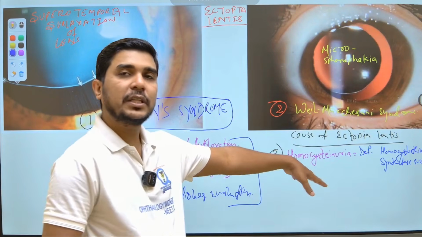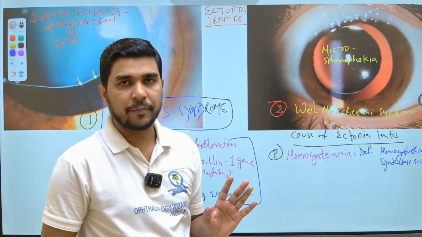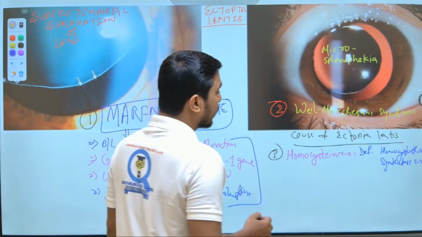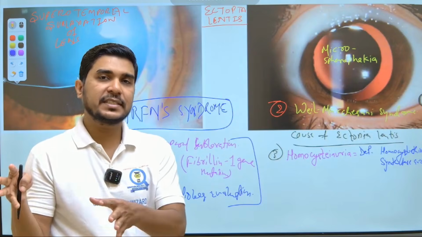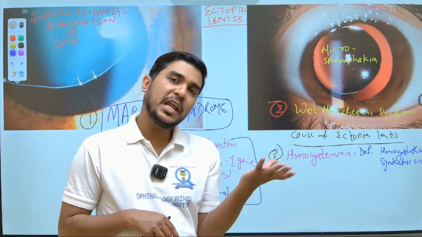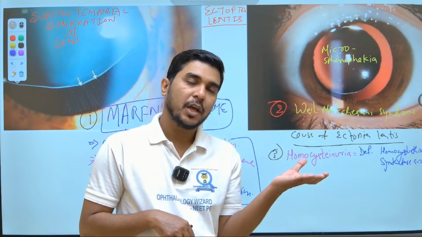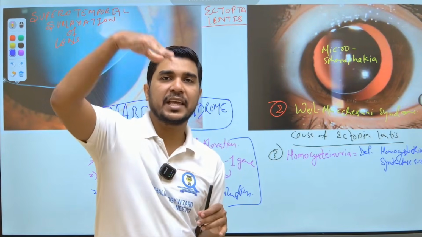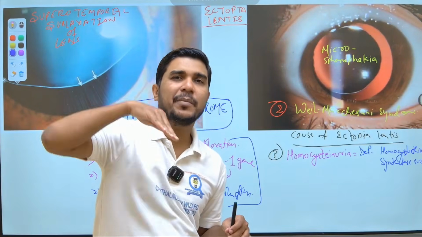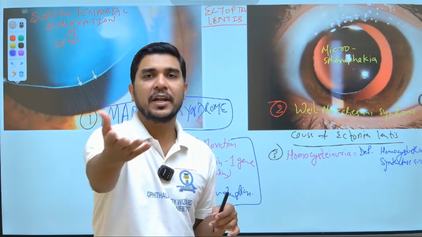So it is not able to convert homocysteine to cysteine. So there is an accumulation of homocysteine and methionine. Homocysteine and methionine will increase and can come into the urine. That is why it is homocystinuria.